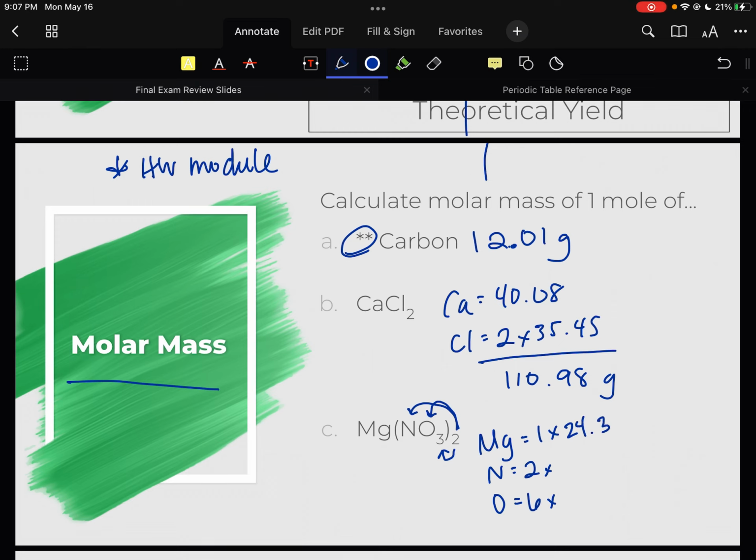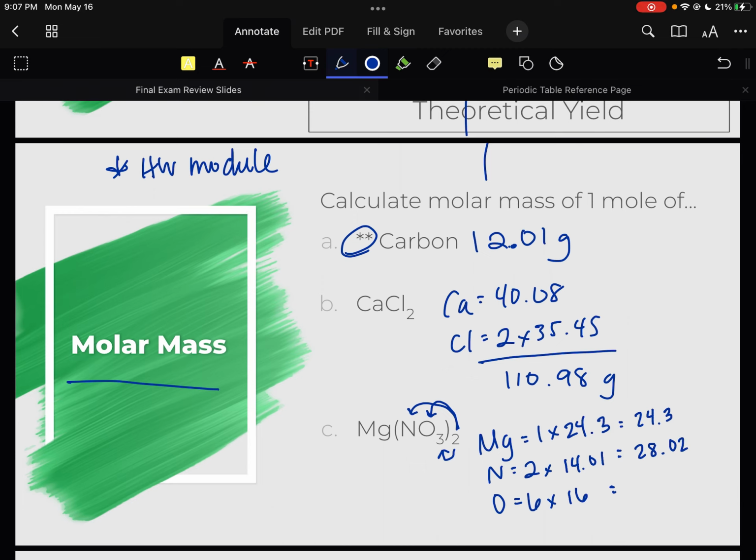Magnesium is 24.3. And then nitrogen was 14.01 and oxygen was just 16. So if I multiply those out and add them all up together, I still just have 1 magnesium, so that's just 24.3.